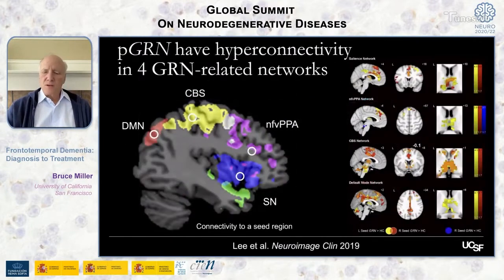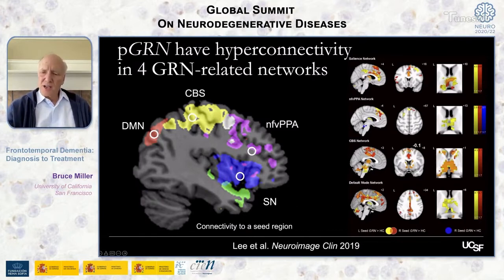Just one example, this is work with Pascual Sánchez, Fermín Moreno, Suzee Lee, John Van Swieten. But the story is that before someone with a progranulin mutation develops a clinical syndrome, they start to show hyperconnectivity in the network that they will present with clinically.